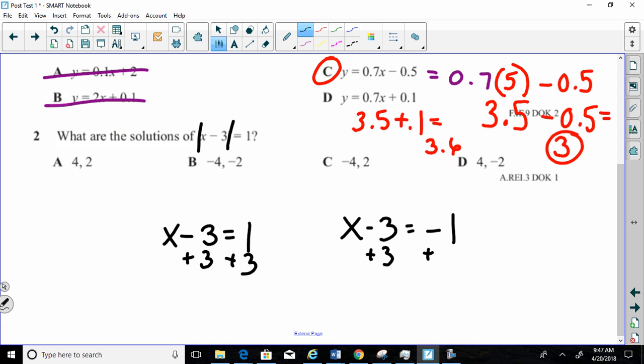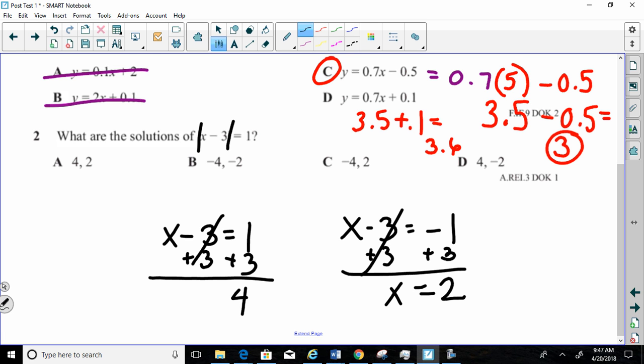And what do you end up getting? 4 and positive 2. So you end up getting x equals 2 and x equals 4. Notice they put negative 2. Trick answer. Or you can plug it in. 4 minus 3 is 1, and 2 minus 3 is negative 1, but those lines make it positive. Does that make sense?